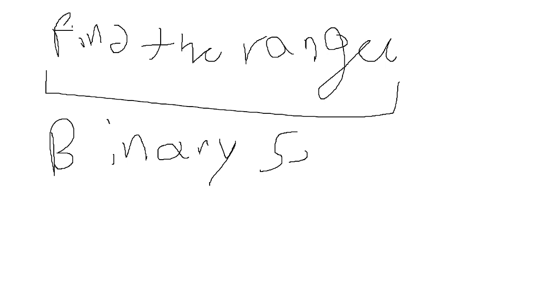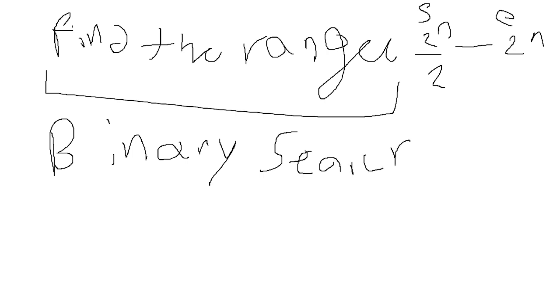So your start is going to be 2 to the power of n divided by 2, and your end would be 2 to the power of n. Now, once you have that range, you're going to implement it into your binary search, and you just start searching for it. It's that simple.